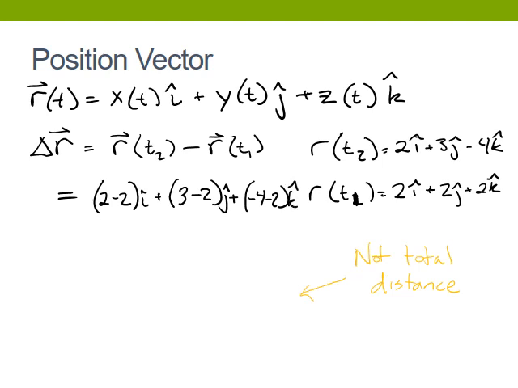Sorry, I'm running into things. Or in other words, this is 0 i hat plus 1 j hat minus 6 k hat. And I can immediately see that I mostly moved in the z direction.